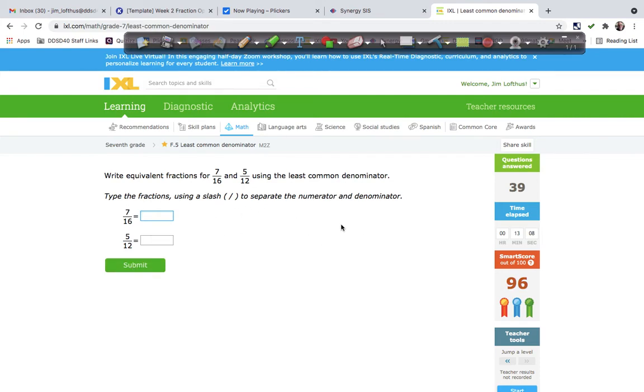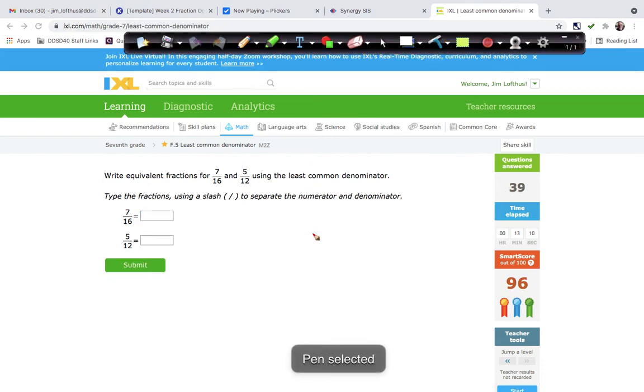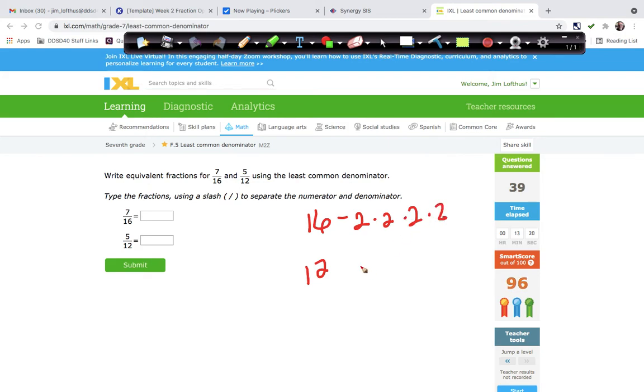So I'm going to find the common denominator between 16 and 12. So that is 2 times 2 times 2 times 2. Oh, we'll do one more after this. And this is 2 times 2 times 3. So we've got to match those up, use them each once, and then times 2 times 2.